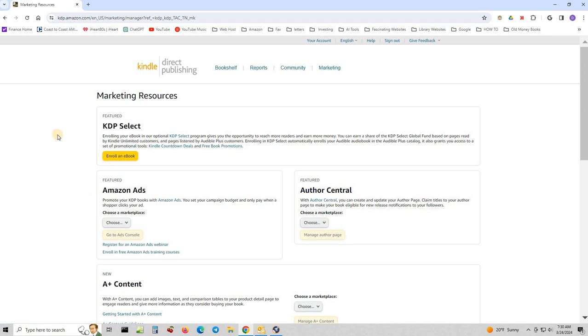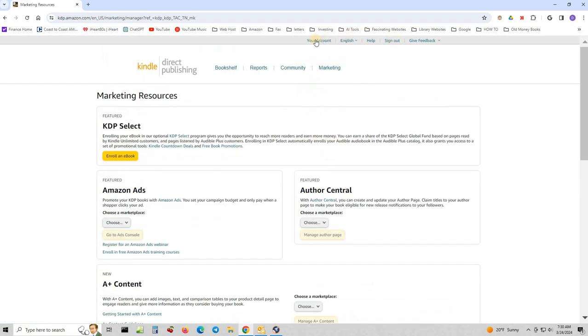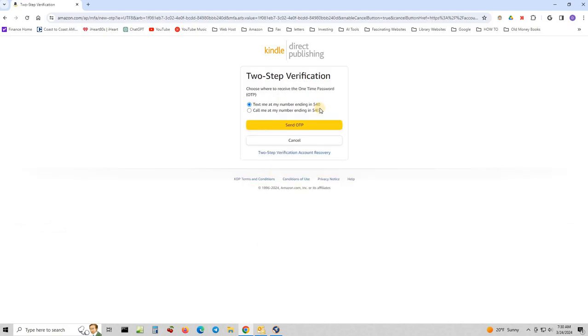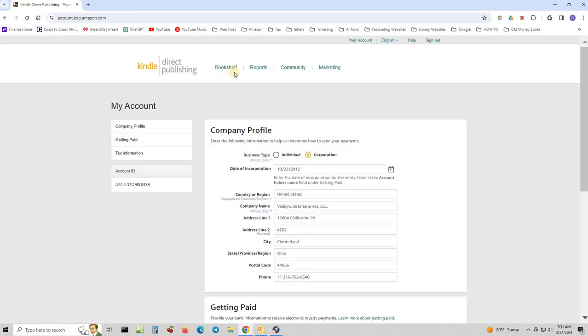And they're going to ask you for your credit card up here at your account. Of course, they've got to do all this authentication stuff. So yeah, when you get into your account, this is where you set everything up.